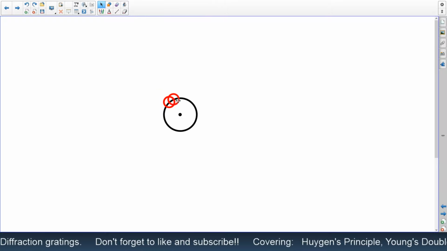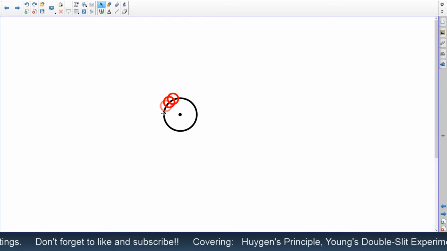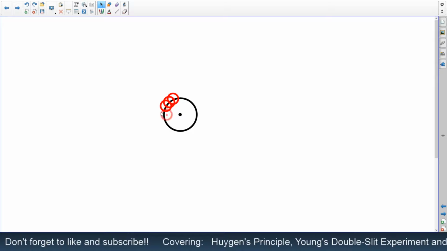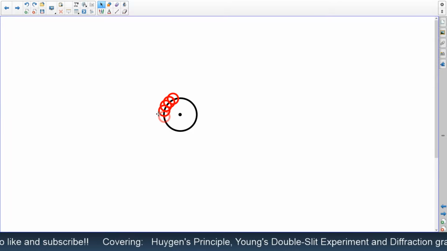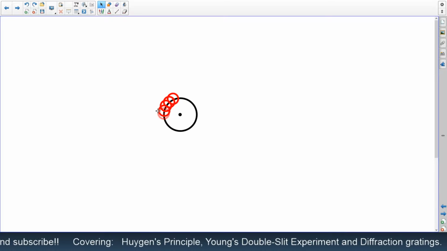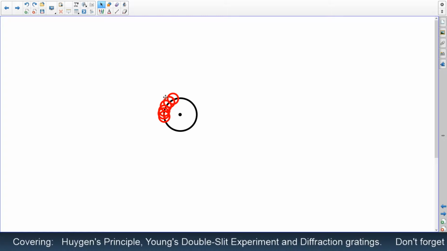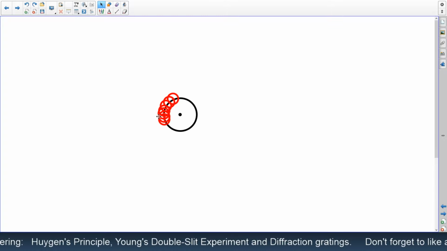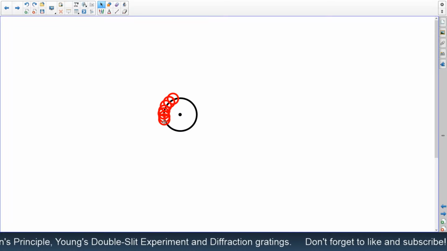So if I put another one there, and another one here, and another one here, I just move my way all the way around, continually putting a little circle anywhere I like on this edge. Eventually I'll make enough circles that they actually generate an edge out here.